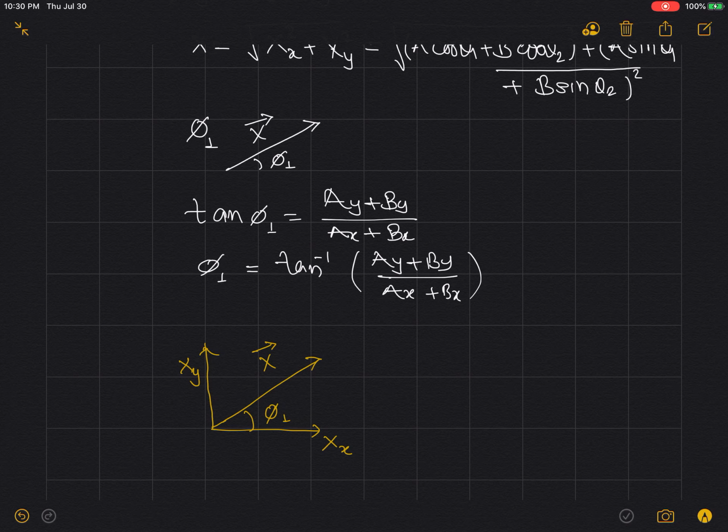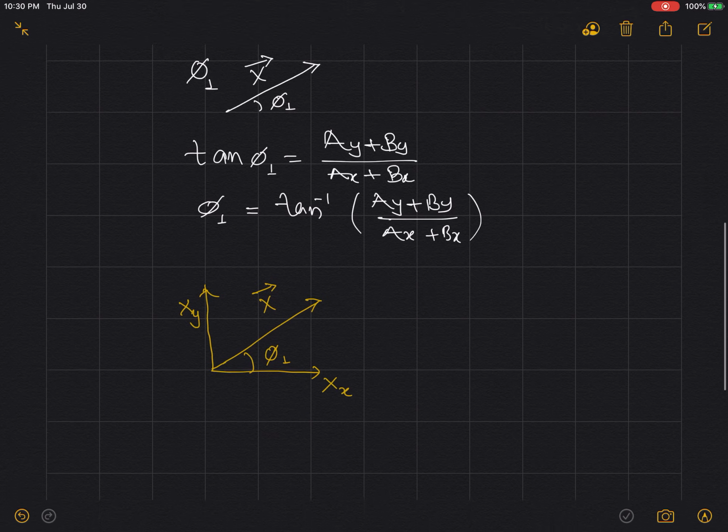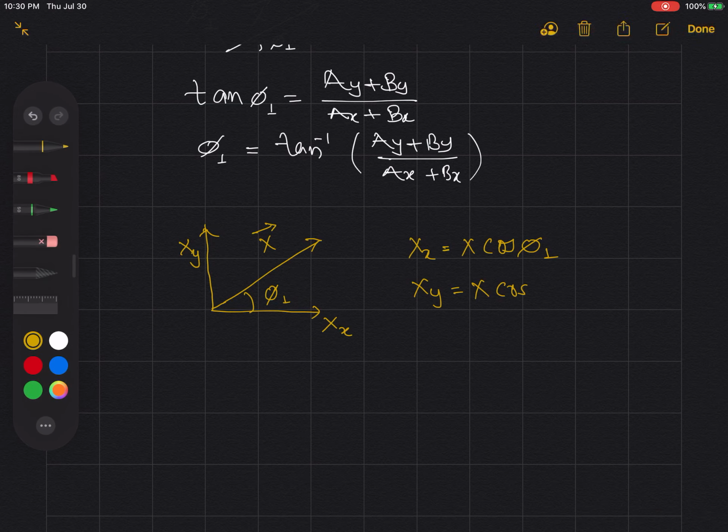If you already calculated the magnitude of x, the x component is x cos phi 1, and the y component is x sine phi 1. So you will again repeat the same thing.